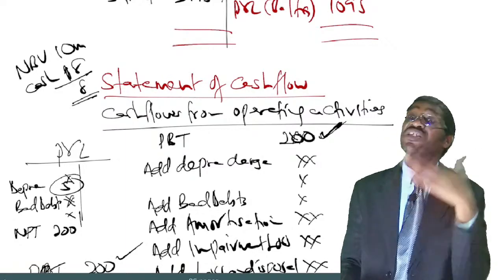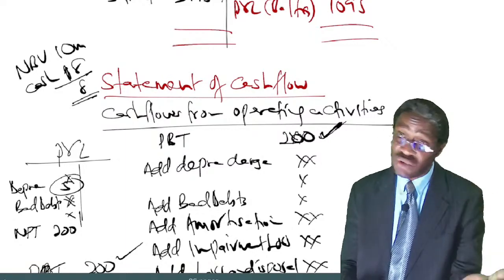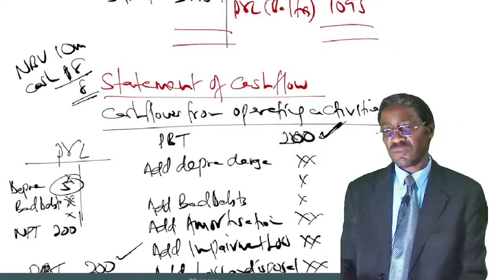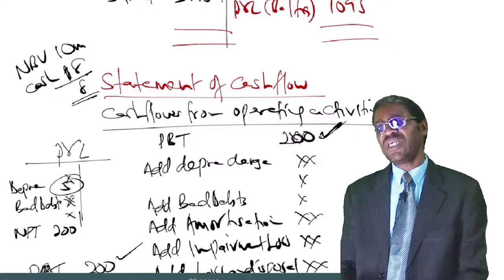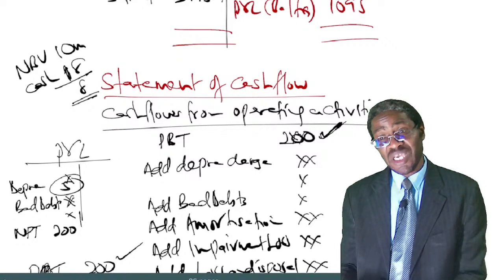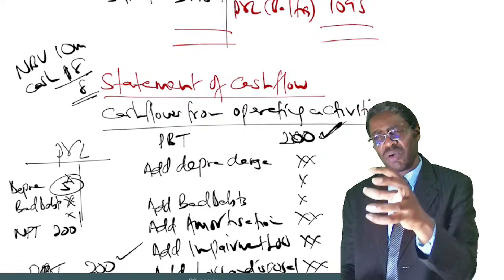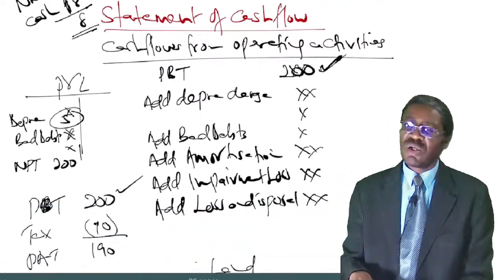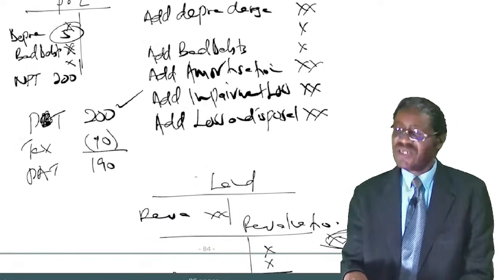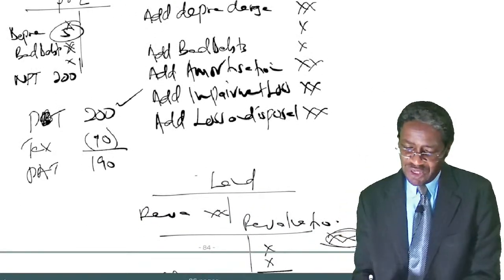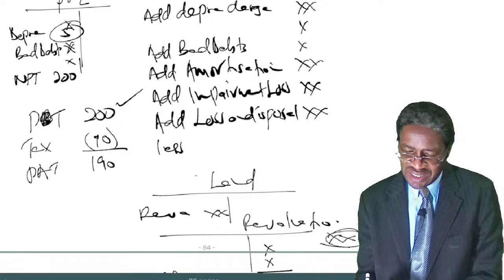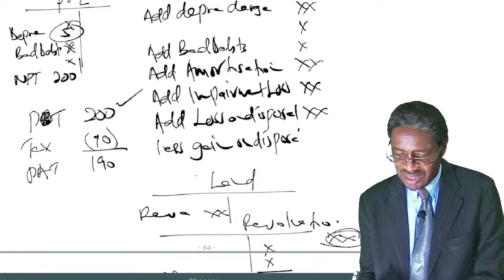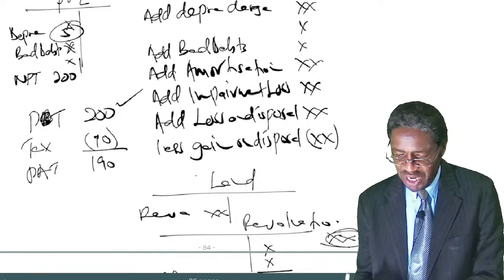What you actually received is 18. But 18 did not go to the P&L account. What goes to the P&L account is the gain or loss. So by you recognizing a gain in the P&L account, it made your profit more than it should be. So you will come and minus any gain on disposal. Good.